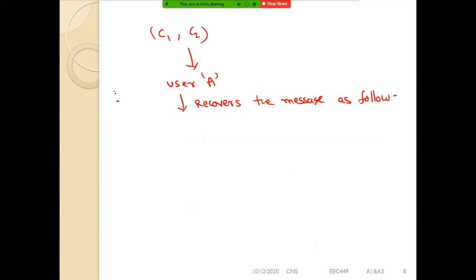How does the user A decrypt the ciphertext? How?